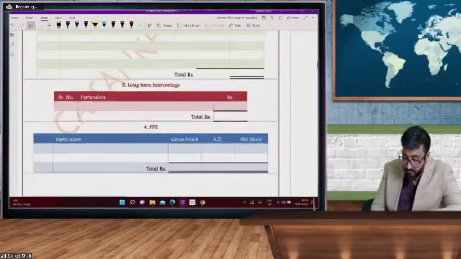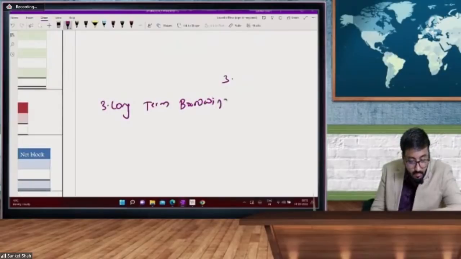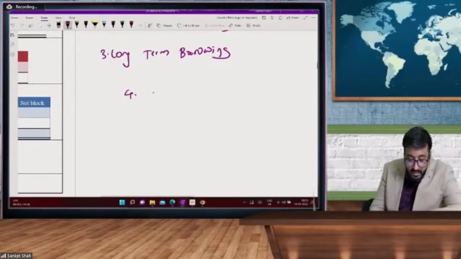Total. Third one is long-term borrowings. Don't write particulars, rupees now. 3 lines.